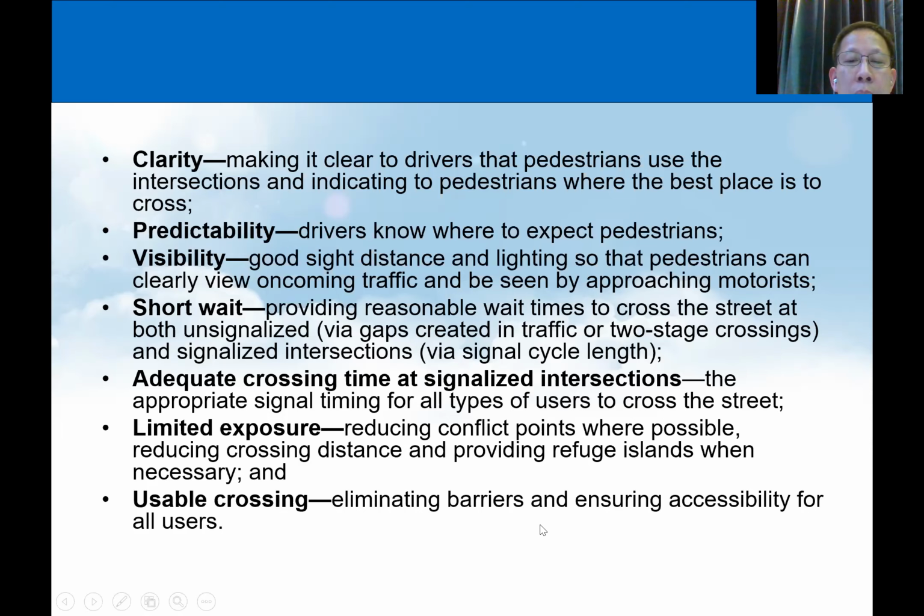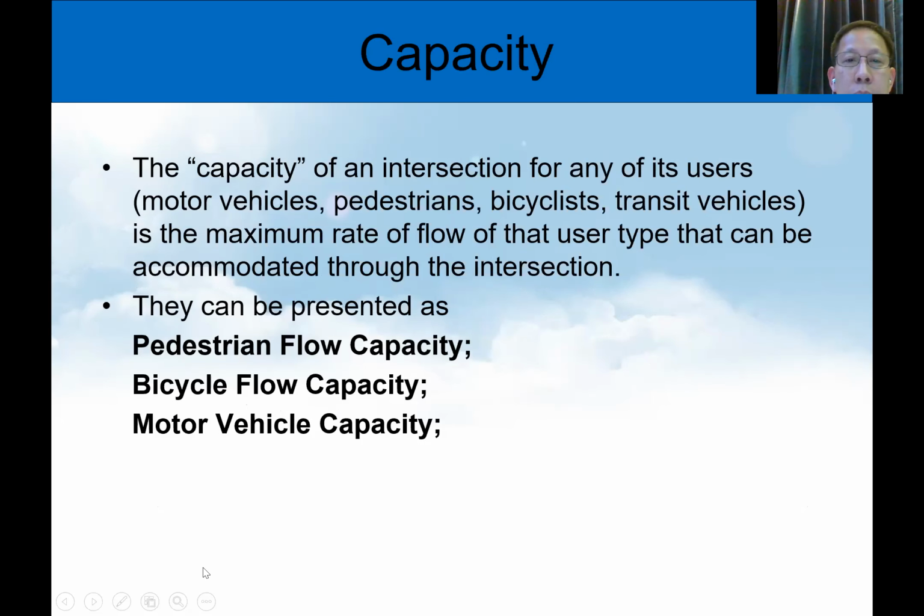Usable crossing, eliminate barriers, ensure accessibility for all users. The capacity of an intersection for any of its users is the maximum rate of flow that user type can be accommodated through the intersection.